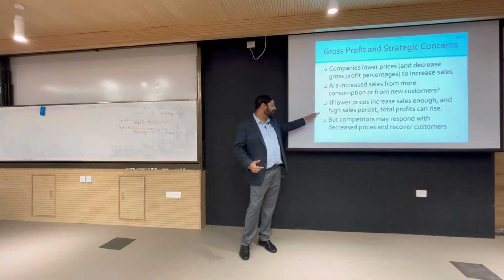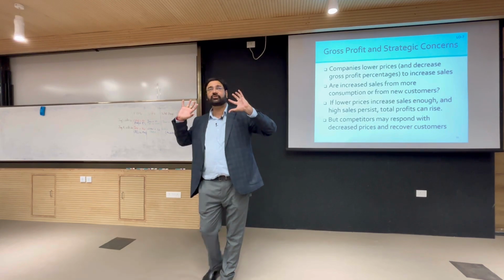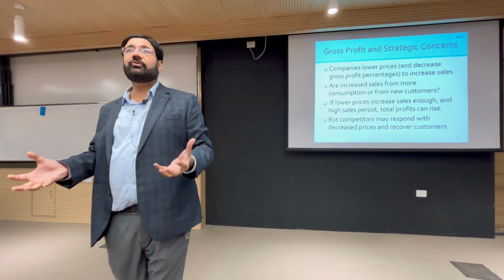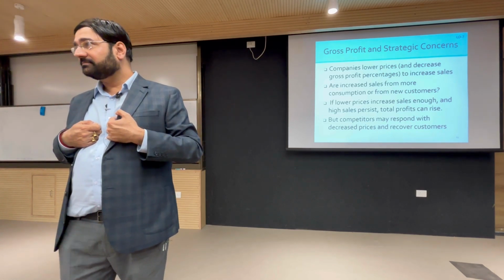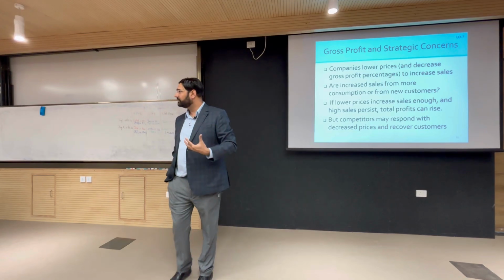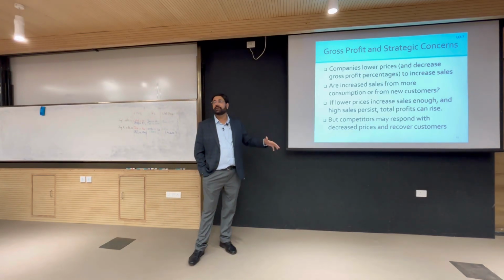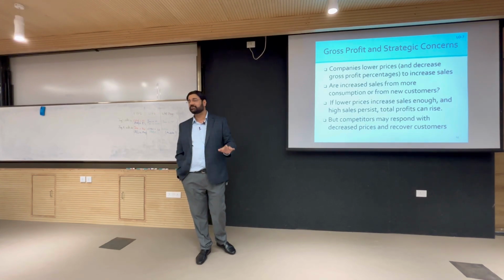And that's the point. But in such a case, competitors may also respond with decreased prices and recover customers. If I see that he is occupying all the market only by lowering the price, then I am also not stupid. I will also reduce my prices and try to win back those customers. So that's the essence of pricing decision related to inventory, gross profit and cost of goods sold.